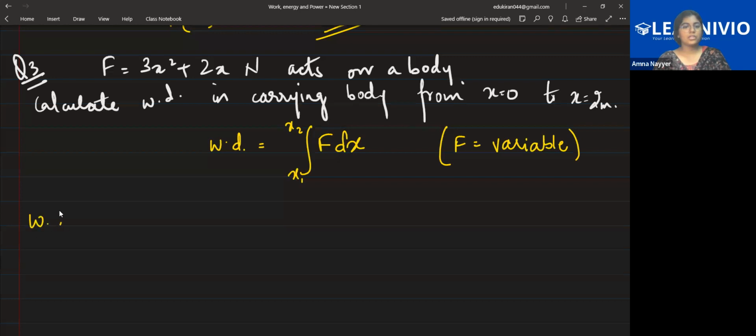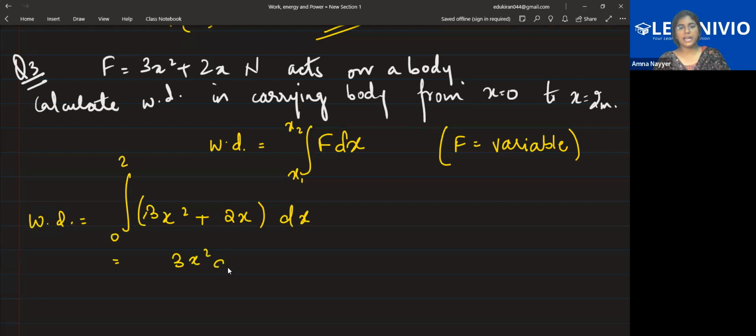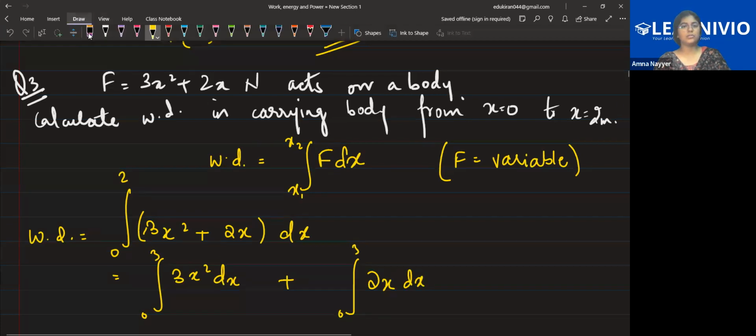So work done is equal to 3x squared plus 2x dx. So this is from 0 to 2. Let's write it individually. 3x square dx from 0 to 3 plus 2x dx from 0 to not 3, sorry, 2.